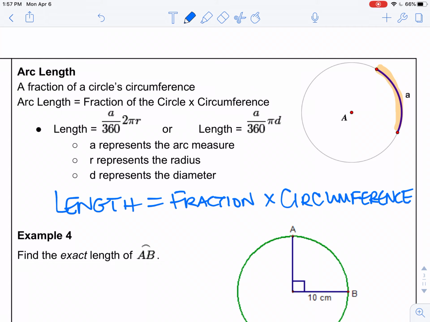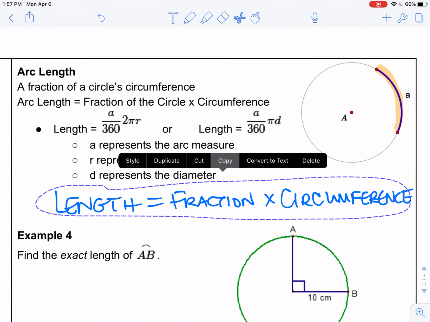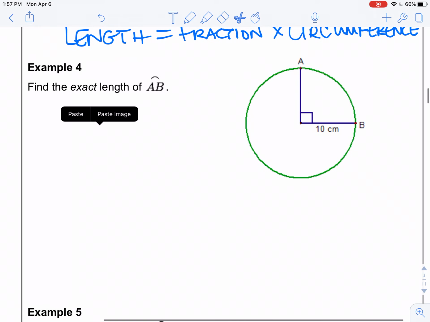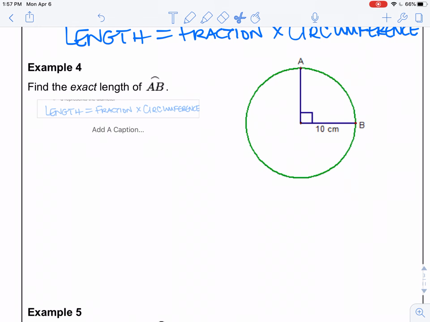All right, so if we look at example number 4, where length equals fraction times circumference, we want to find the exact length of AB. Notice again it says exact, so we're going to keep things in terms of pi, most likely.